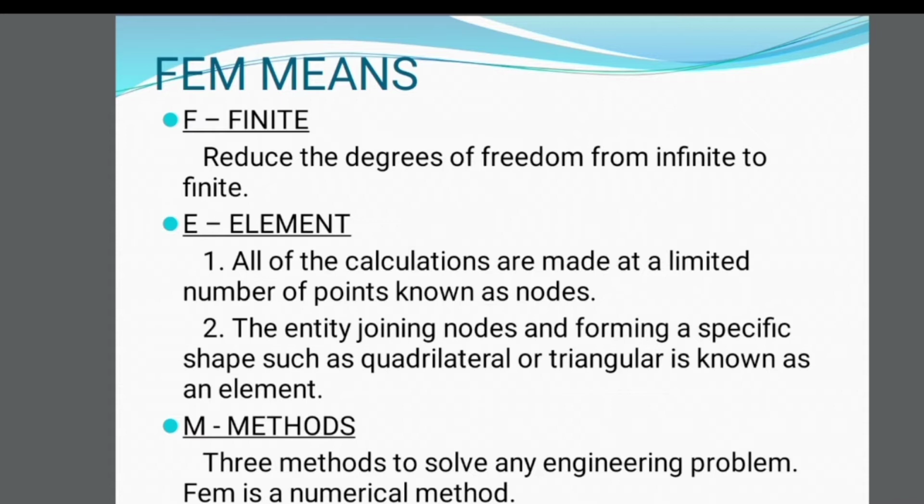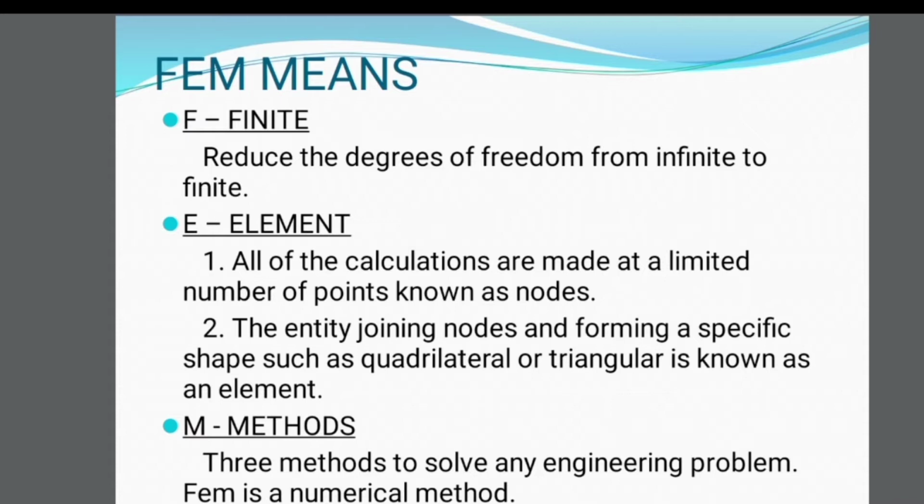In a three-dimensional problem, the degrees of freedom are counted at each node. For example, if the domain is divided into a number of parts, and each part has nodes, at each node 3 degrees of freedom are there. That means along the x direction, y direction, z direction, some displacements take place. Depending upon the elements, the number of nodes also depends.